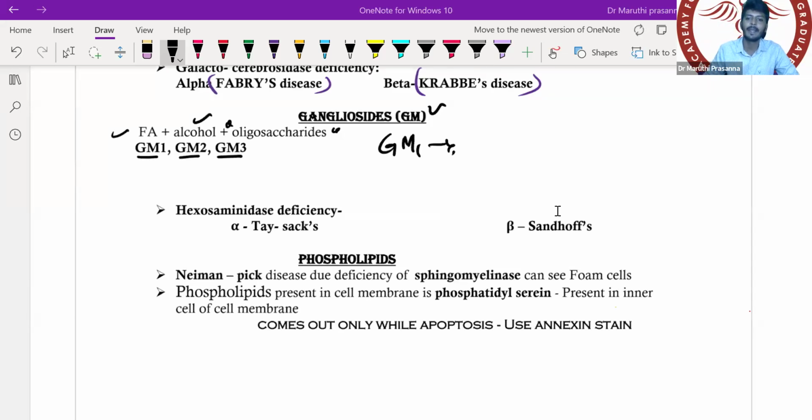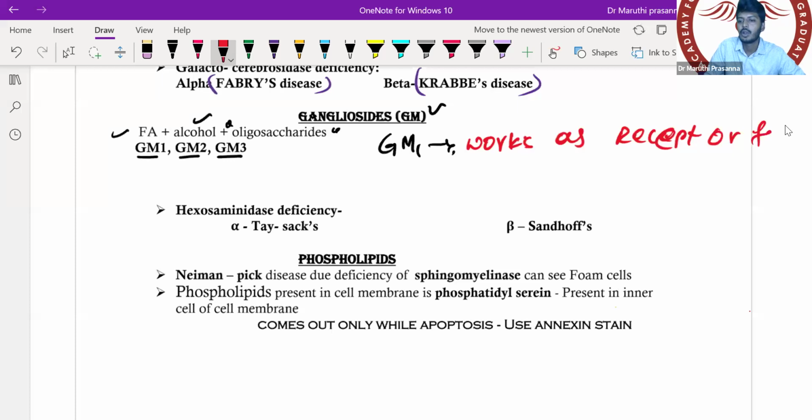But specifically GM1, some people said, works as a receptor for cholera toxin. All three of them are involved in membrane function and nerve function. But GM1 ganglioside works as a receptor for the cholera toxin.